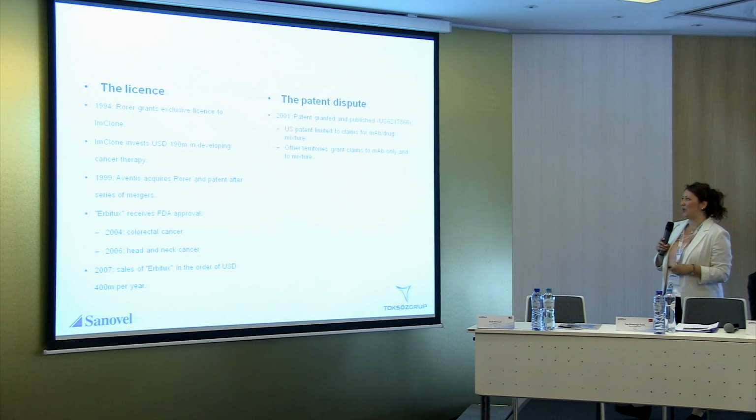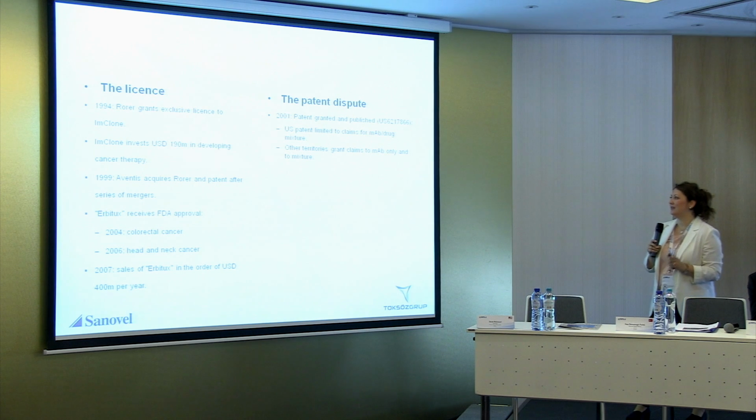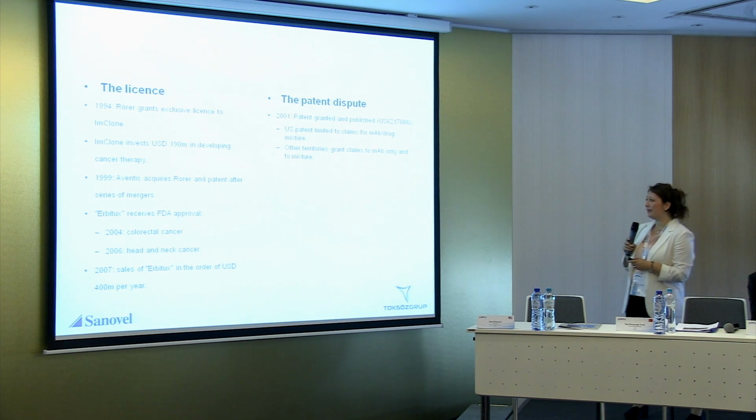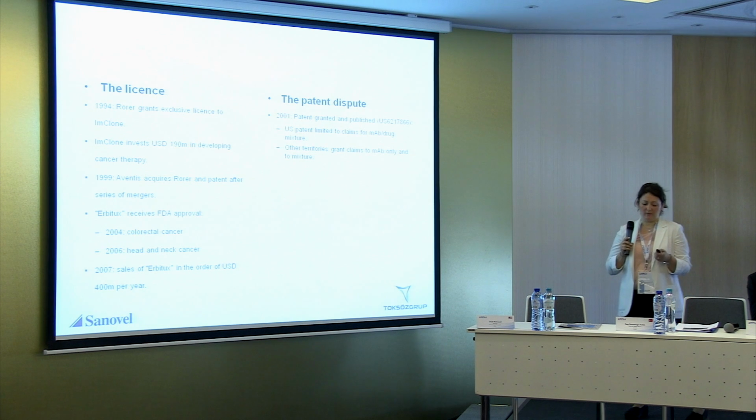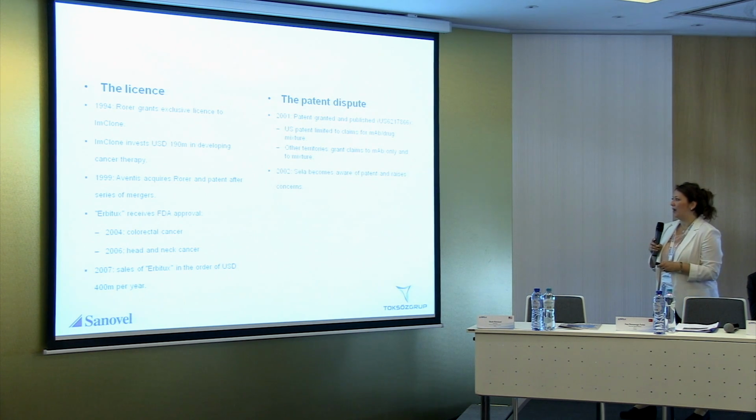And when we go to the patent dispute, it was granted and published in 2001, and the US patent is limited in its claims, which is interesting here. In the US, it's only limited to the mixture, the experiment D, but in other territories, it's granted for MAB only and for the mixture. Here, there are two things for inventorship, because Sela's group, Yeda, especially, we will see for the inventorship.